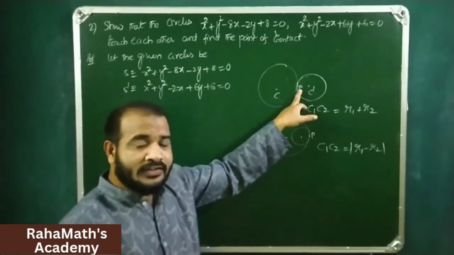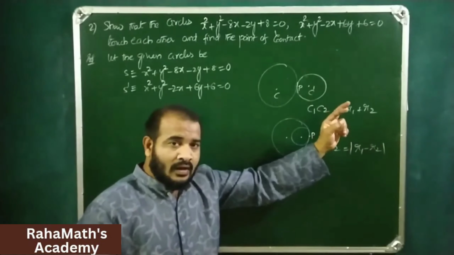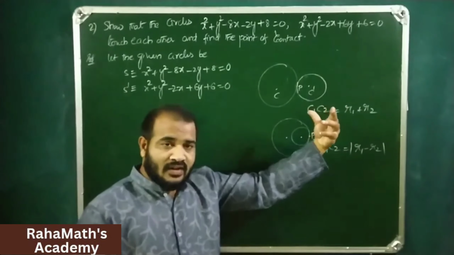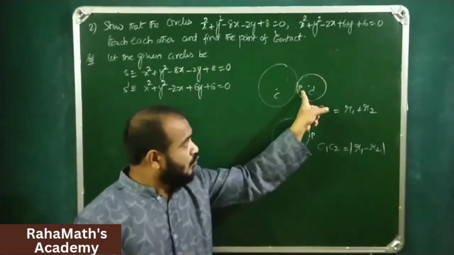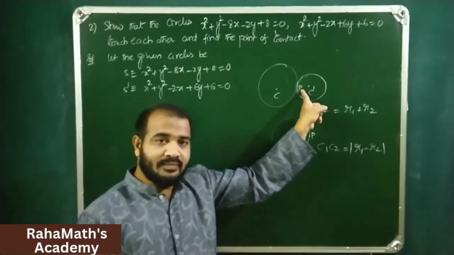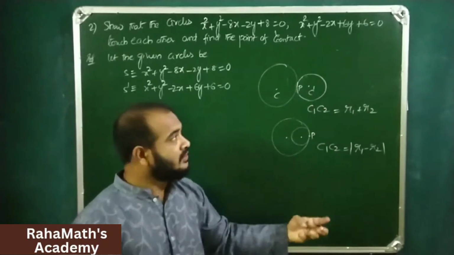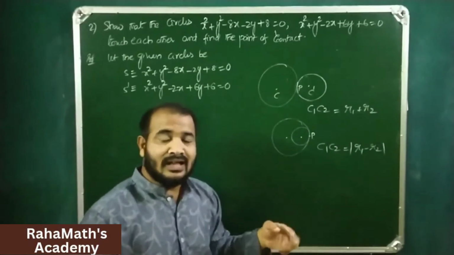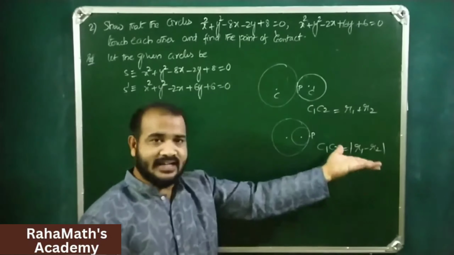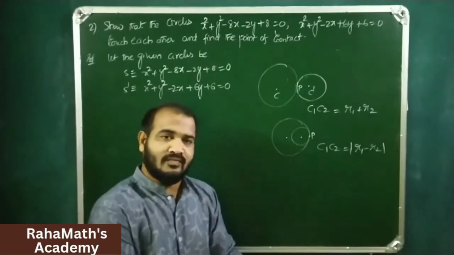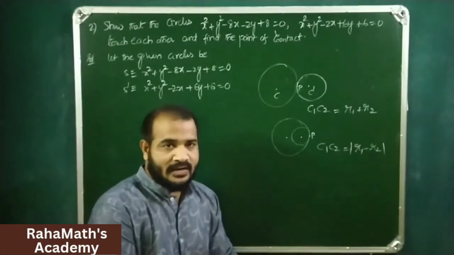So in the relative position of the circles, at the outset we have found P, but here it is not needed, because for two circles the radical axis is nothing but their common tangent, S minus S dash.